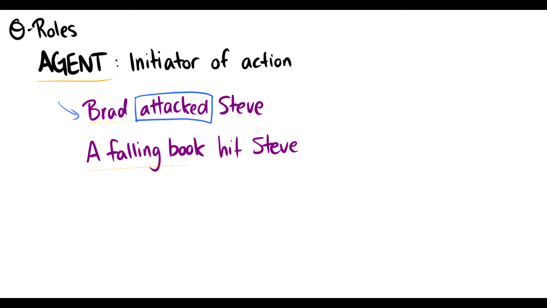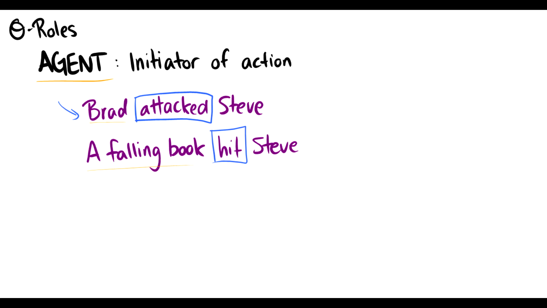Now here's something a little bit more obscure. Here is an inanimate object that is initiating an action of hitting. So a falling book hit Steve. Well, this object, the falling book, is hitting Steve. Now, it might have been caused by gravity, but it's still the agent that is hitting Steve.